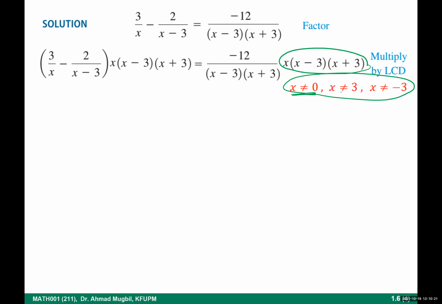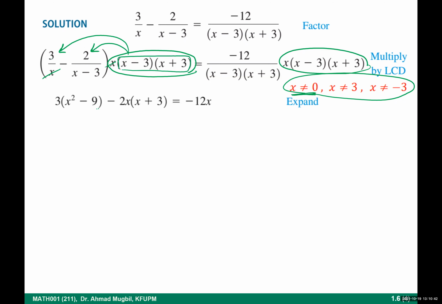Now, what we will do, we will multiply this LCD by each term here. When you multiply the LCD by the first term, x will be cancelled with what? X. And what is remaining? 3 multiplied by x squared minus 9. Here it is. Then if you multiply the LCD by the second term, this will be cancelled with this, and you will get x multiplied by x plus 3.